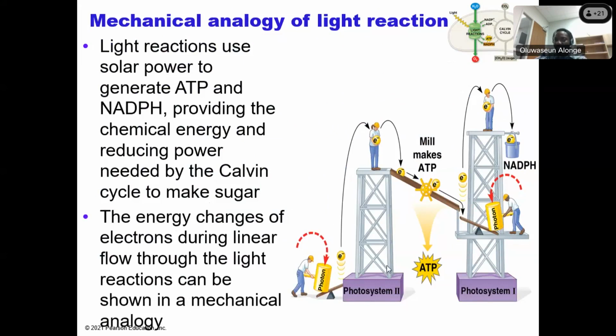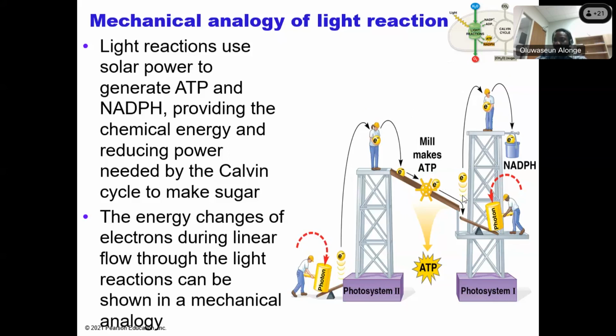You see photosystem 2, photosystem 1. The photon comes in, the electron is released and then captured by the electron acceptor, which then drives the electron through the electron transport chain.